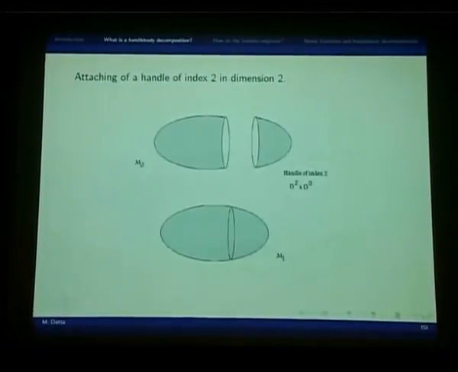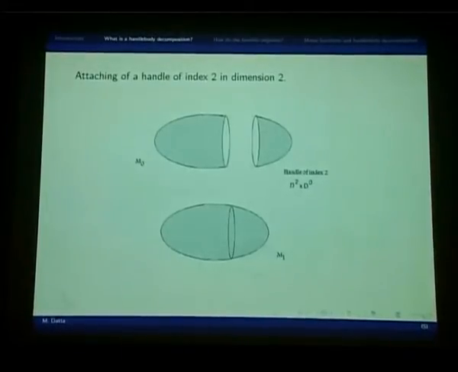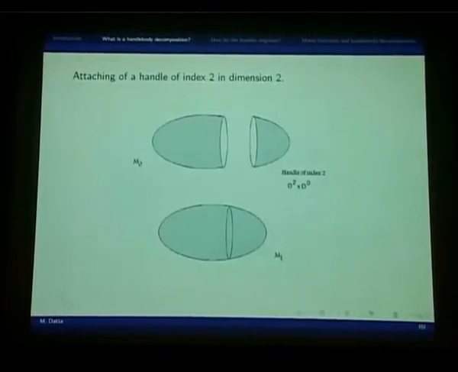So I am describing here a handle attaching in dimension 2 and its index is also 2. So what is the handle of index 2? It is D^k × D^0. So here it is D^2 × D^0. What is the boundary? It is a handle of index 2. So I will be considering the boundary of D^2, which is S^1.